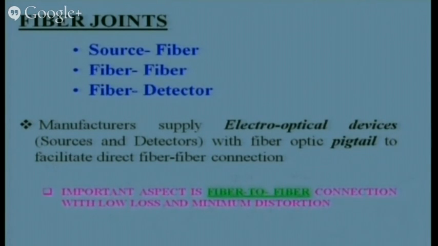So we will discuss only the fiber to fiber connections. What is my requirement? Minimum loss, minimum distortion. We will see what mechanisms lead to losses. If I am familiar with those parameters, I will take care during this operation.